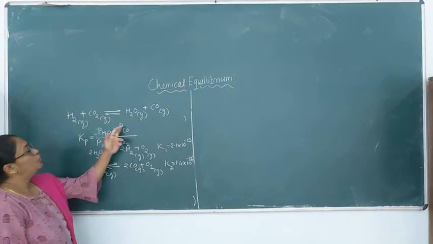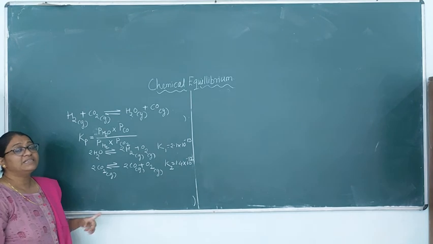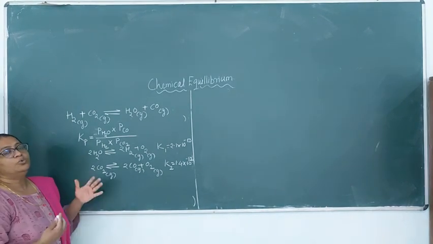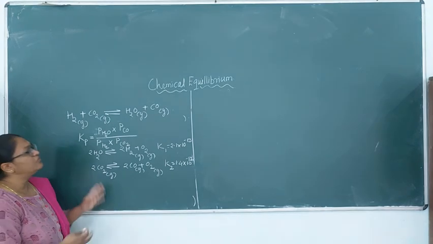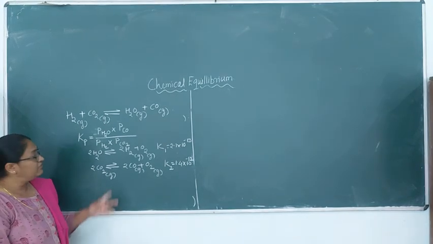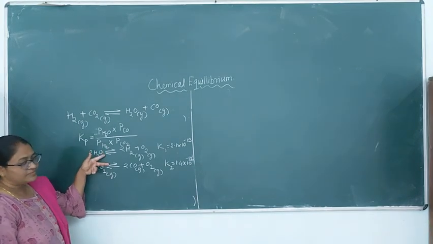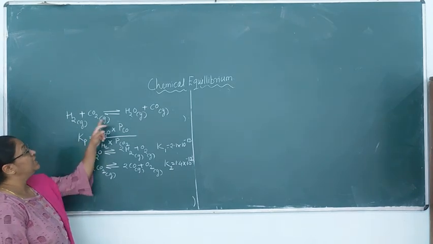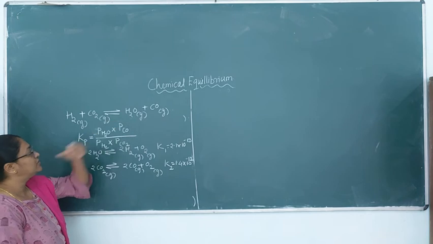We want to know all these quantities, then and only then can we calculate Kp. But here no partial pressure of any of the gases is given, but we have been given these two reactions, and from these two reactions we are asked to calculate the equilibrium constant for this reaction.